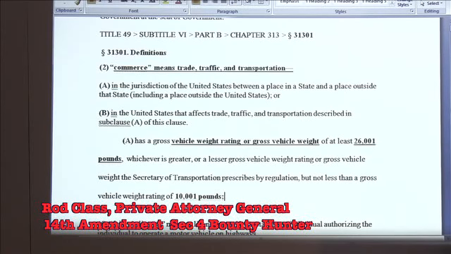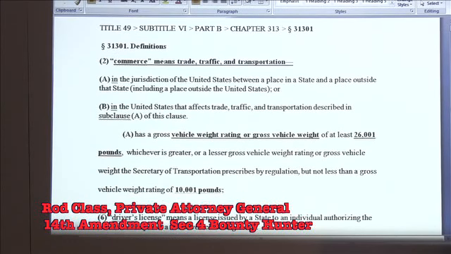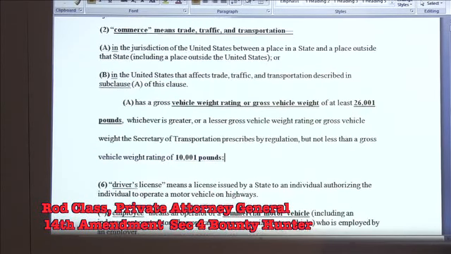This is what they're classifying for driver's licenses. What does a car weigh? A car weighs about 3,000 to 5,000 pounds. A motorcycle weighs about 700 or 800 pounds.